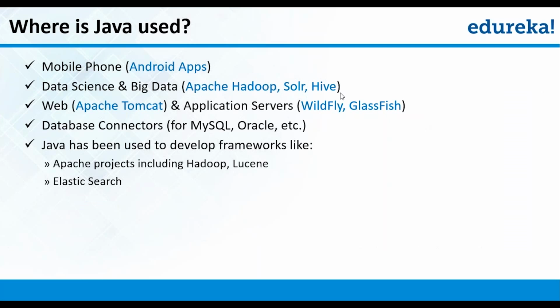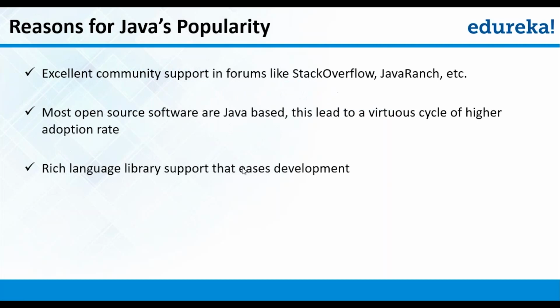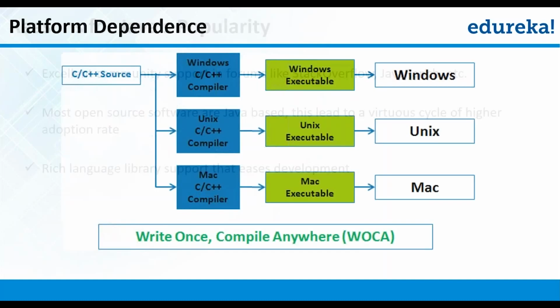Apache Hive, which is a query language for big data, is also written in Java. The web server Apache Tomcat is also written in Java. So here are the examples. You can go through it offline and see that they are 100% Java implementations. Have I answered your question, Rahul? Okay, great. Let's move on.